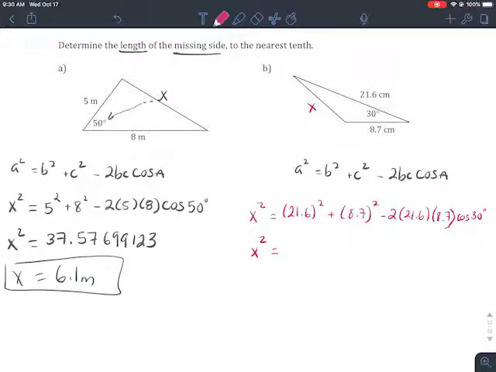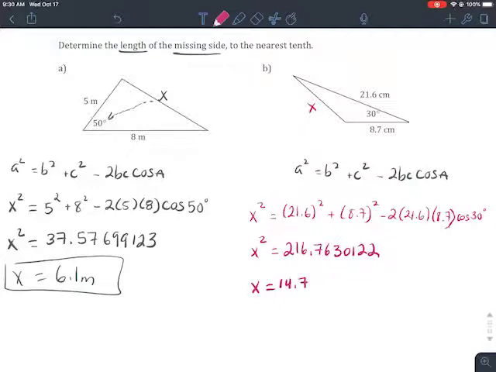Okay, so 21.6 squared plus 8.7 squared minus 2 times 21.6 multiplied by 8.7, cosine 30, and x squared turns out to be 216.7630122.